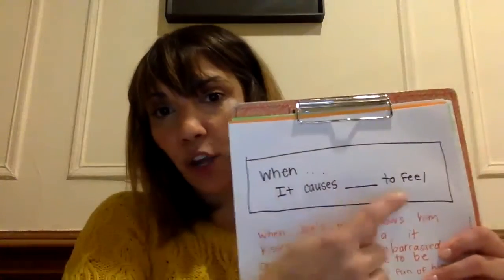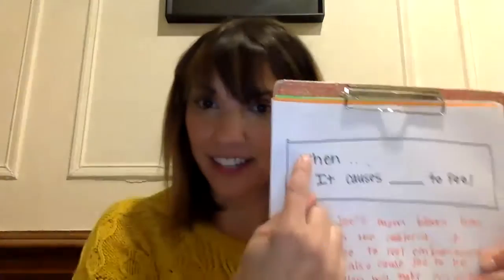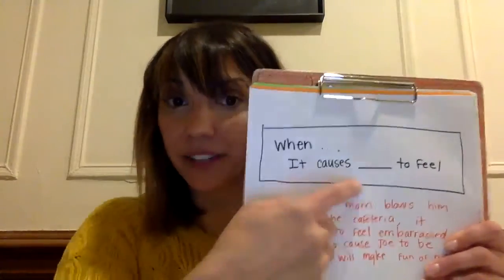And you do that by first finding a place where the two characters are in the same place at the same time and their stories intersect. They have an interaction. And then I want you to think, how does one character's actions affect how another character feels? And you can use language like this: when blank, it causes blank to feel, right? And you can jot that down.